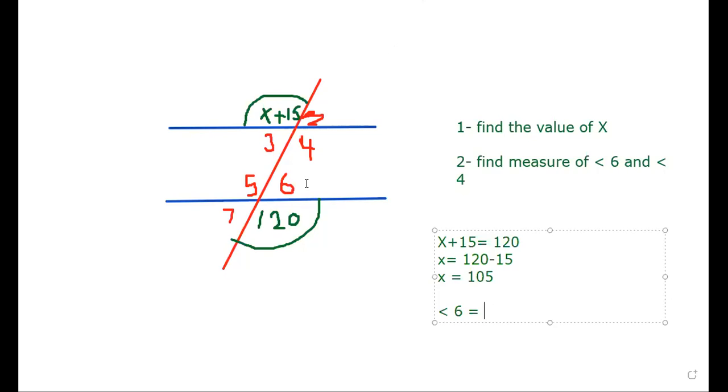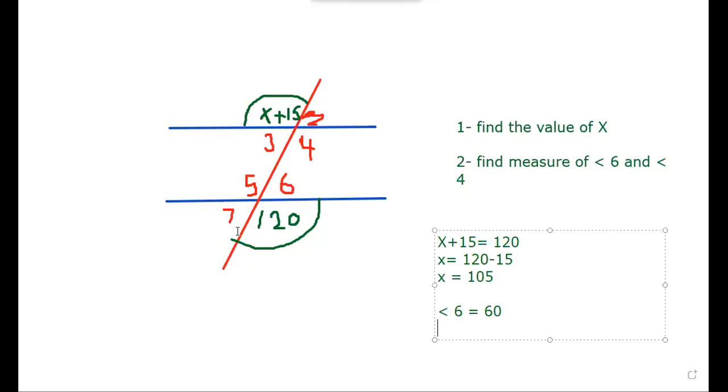So angle 6 and angle 2 will be 180 minus 120, which means it will be 60 degrees. Right, 60 degrees, because angle 6 and 120 are supplementary angles, so their sum should be equal to 180, and then it will be equal to 60.